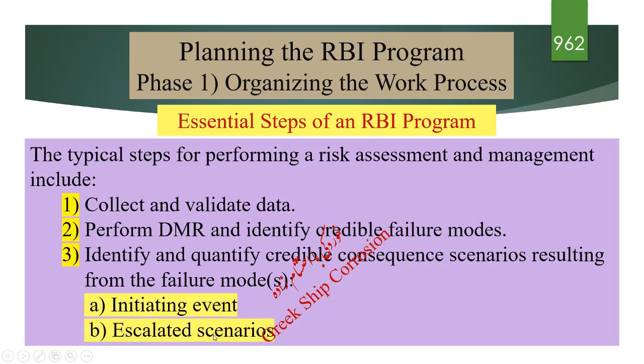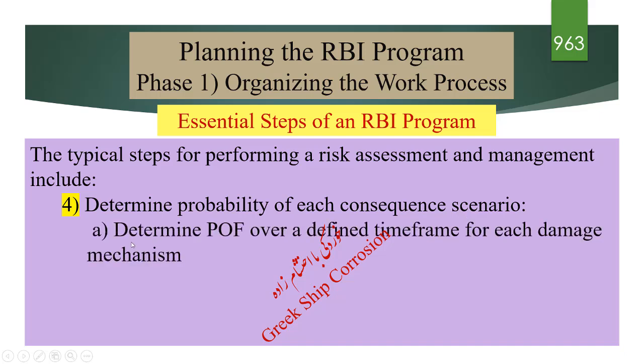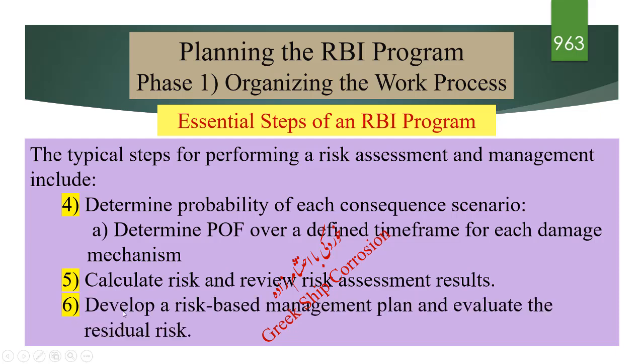B. Escalated scenarios. 4. Determine probability of each consequence scenario. A. Determine probability of failure over a defined time frame for each damage mechanism. 5. Calculate risk and review risk assessment results. 6. Develop a risk-based management plan and evaluate the residual risk.